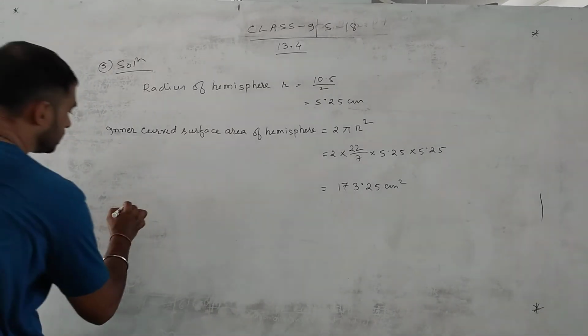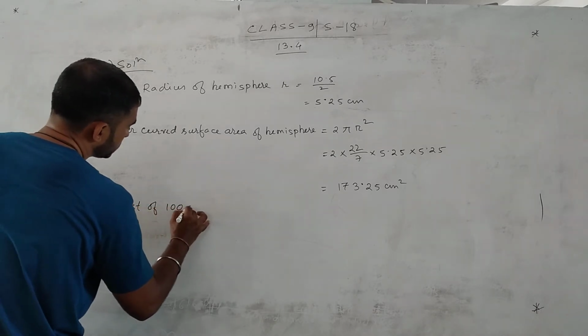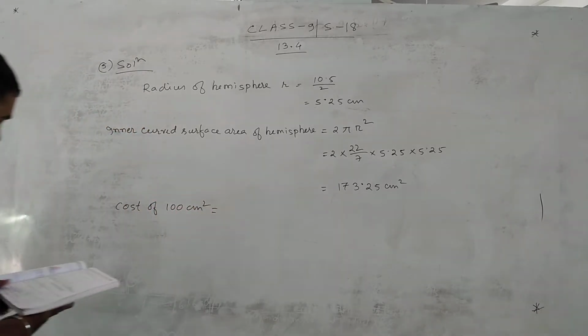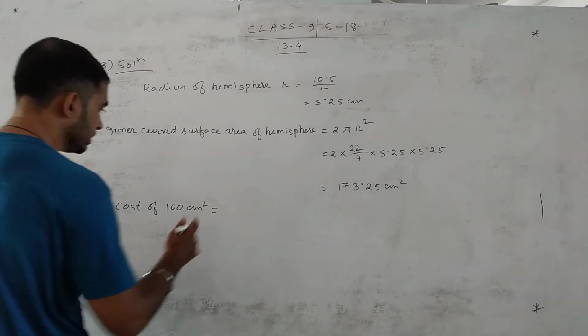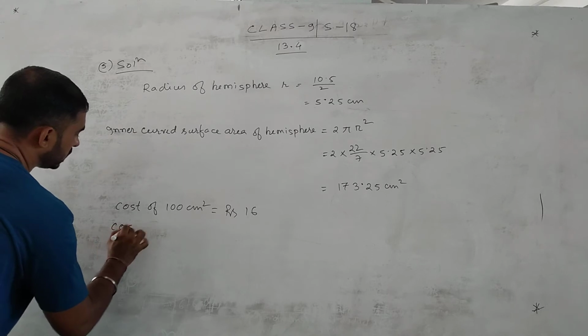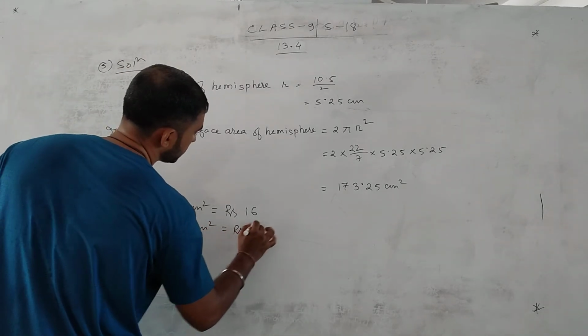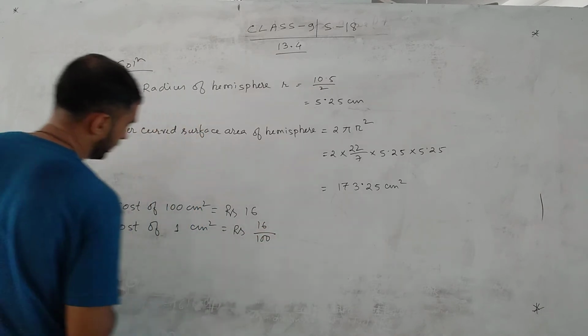Now what is the cost? Cost of 100 square centimeter equal to how much? Cost of 100 square centimeter equal to rupees 16. Therefore cost of 1 square centimeter equal to rupees 16 by 100.